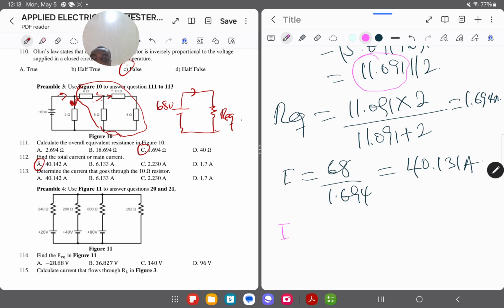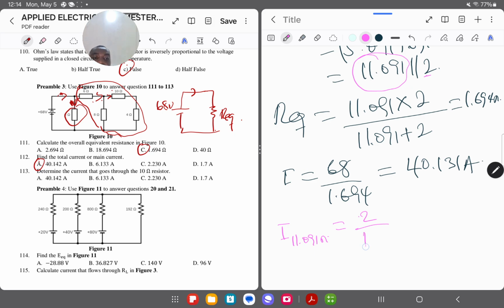The current which is going to pass through 6 ohms here, let me use this one, the equivalent capacitance here, which is 11.091, because that's the one which is going to be in parallel with 2 ohms. It is going to be equal to the other resistor, which is in parallel, this resistor 2 ohms here. So we take 2 ohms over the sum of resistors in parallel.